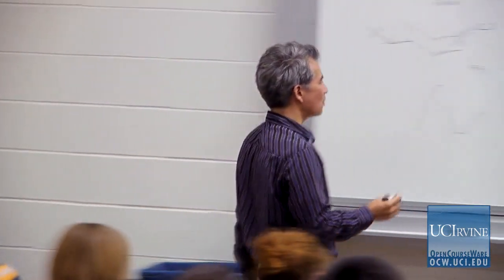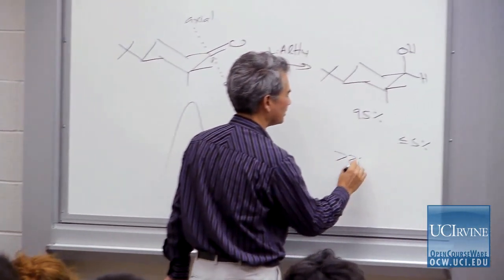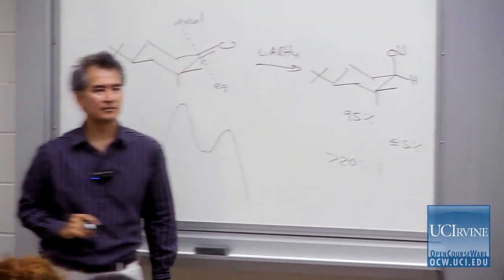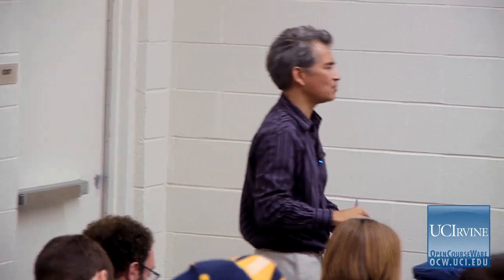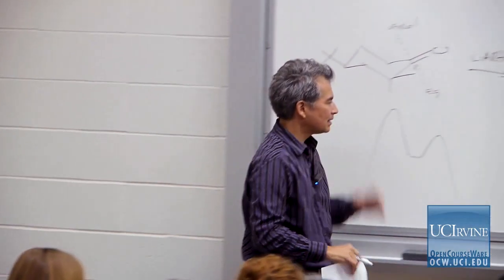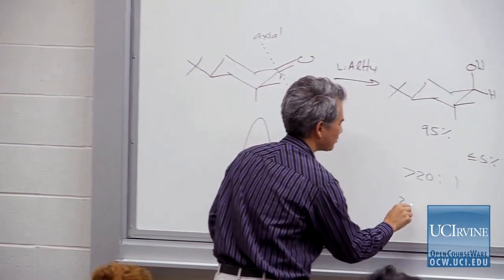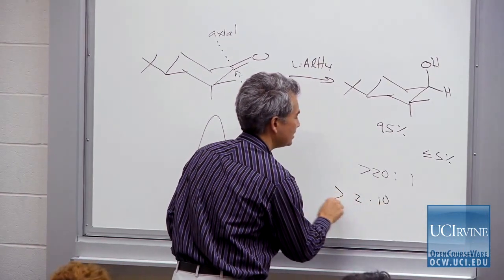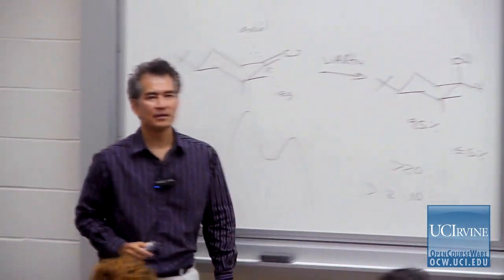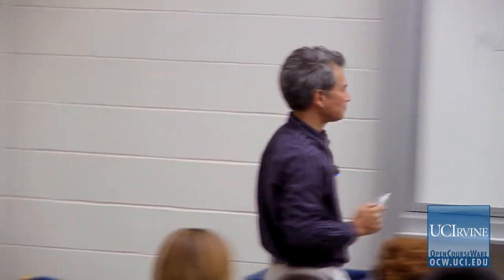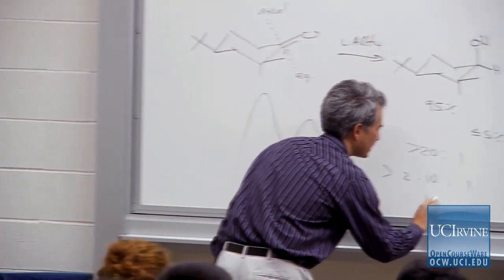That means the ratio is at least 20 to 1. Right? I don't know how much of the minor isomer. Maybe it was 1%, but I know it was at least 20 to 1. It might be greater. And so what does that mean? It's a factor of 2, and it's a factor of 10 to 1. How much energy for a factor of 10? 1.4 kcals per mole.